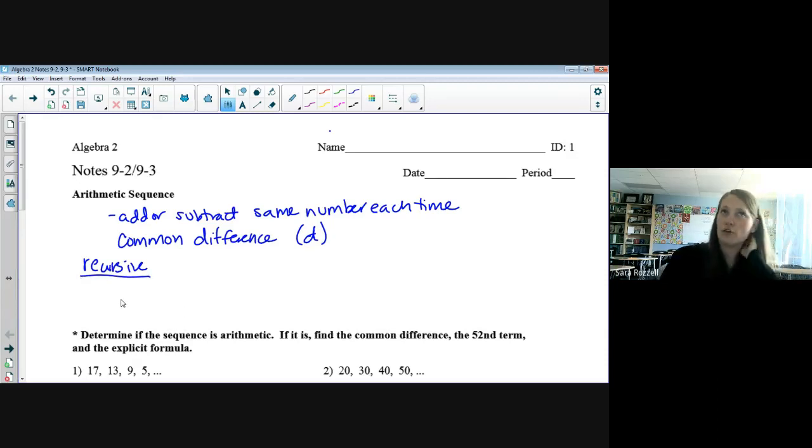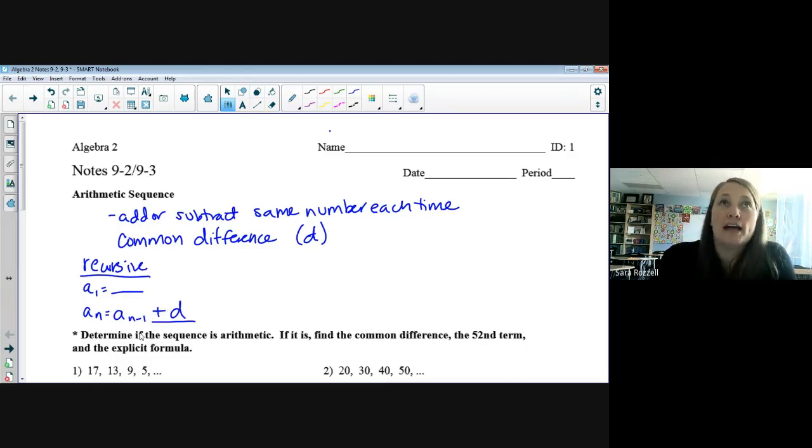So for the recursive formula, that's the one that has two parts, right? You always have to put the first term. And then we do the second part, which is all of the numbers that come before, then we'll put plus whatever our common difference is.